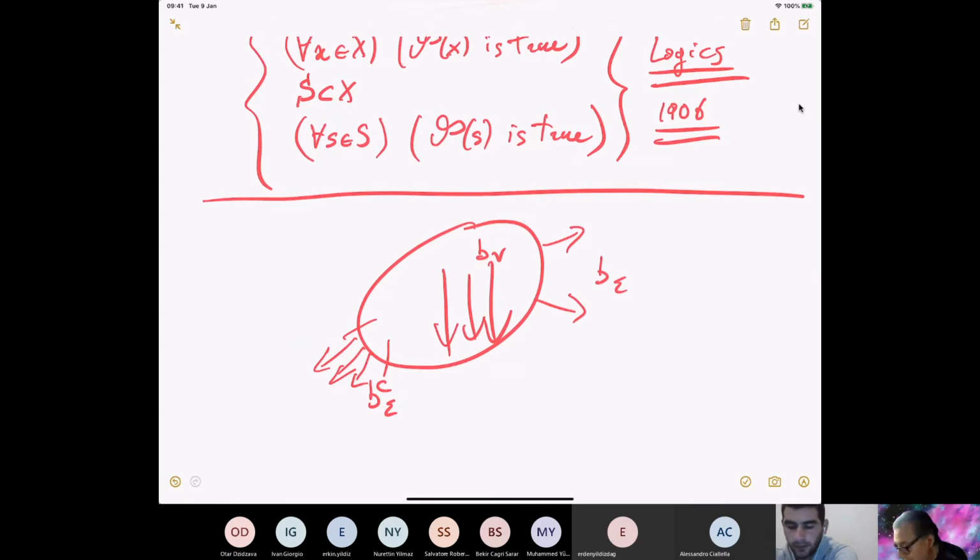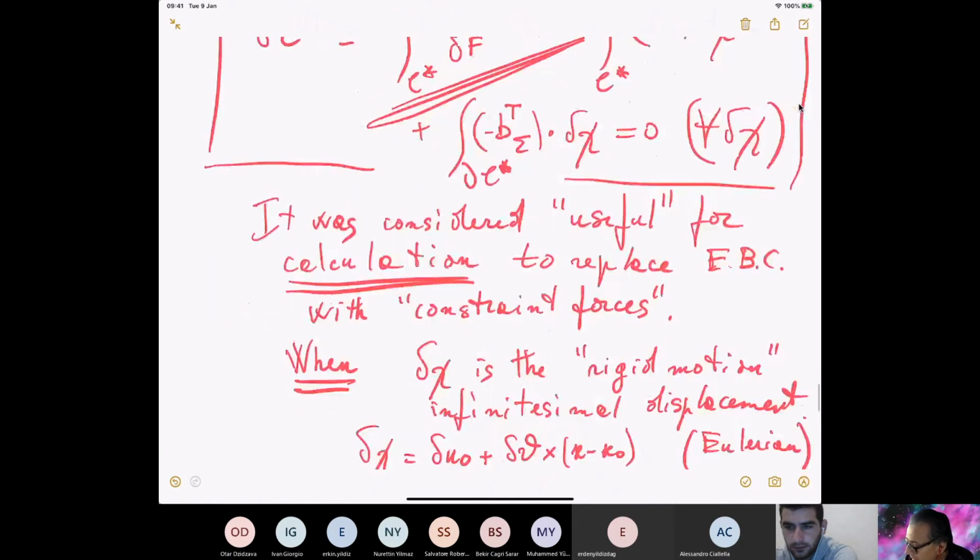Okay, if I change a little bit the shape of the body, this quantity must be 0.